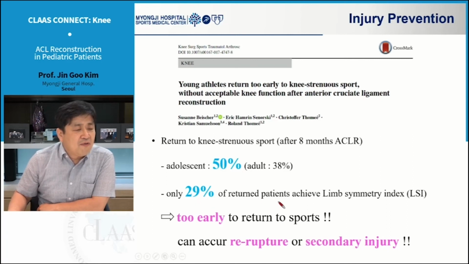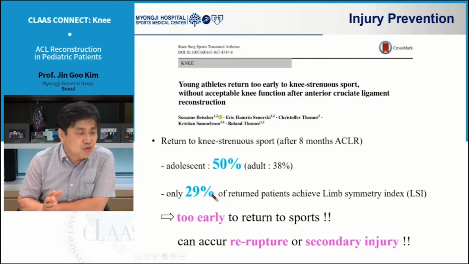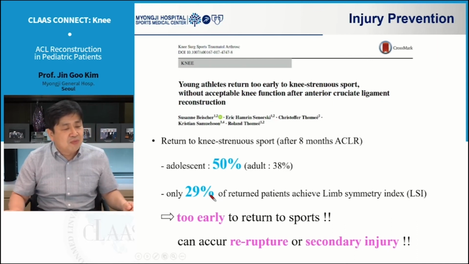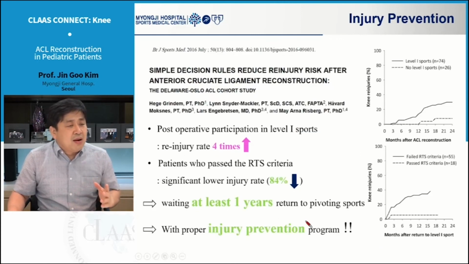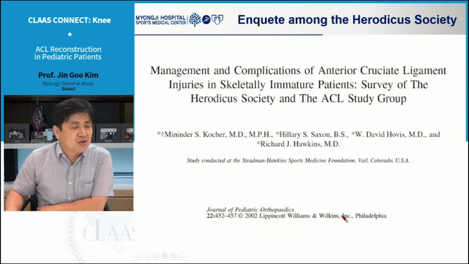However, for the limb symmetry index, only 29% have returned to the functional level. So too early return to sports will increase re-rupture and secondary injury. This is our message: injury prevention for at least 1 year is safe for the adolescent group.